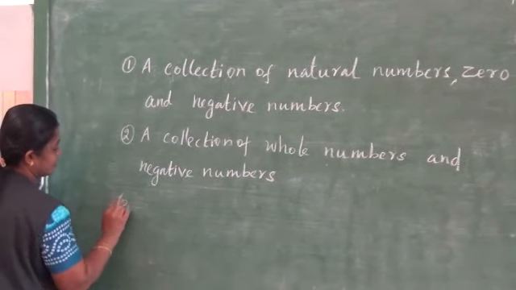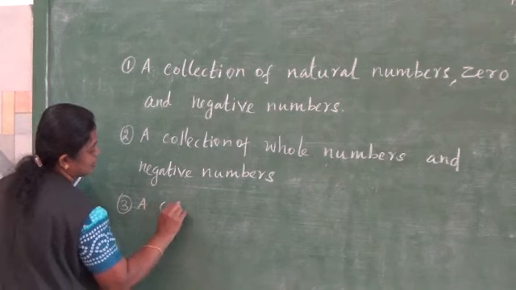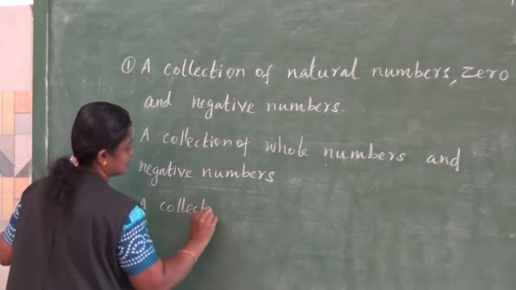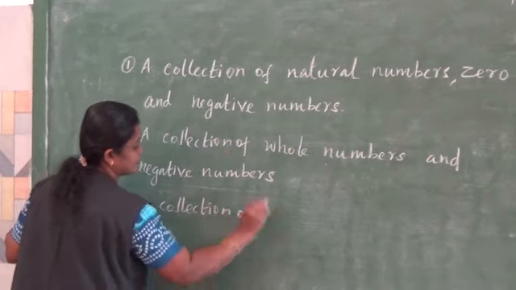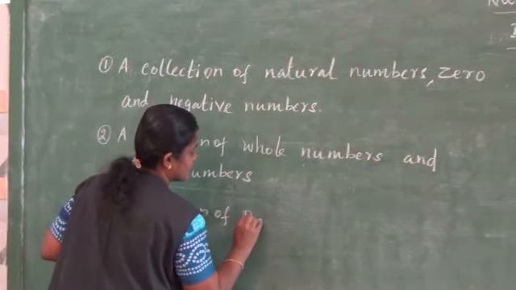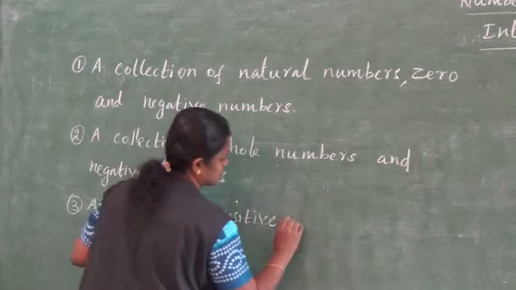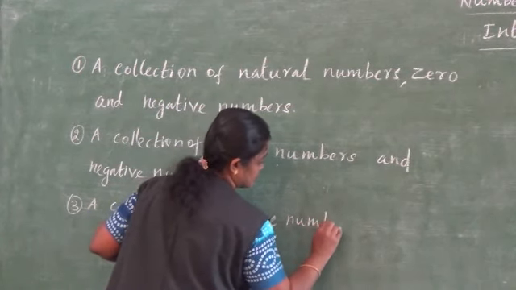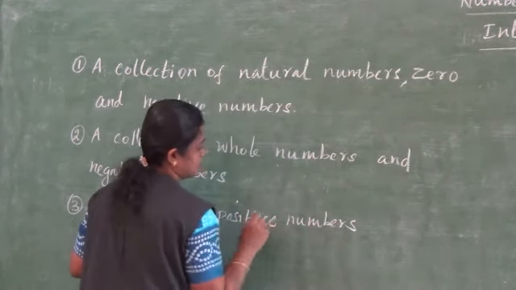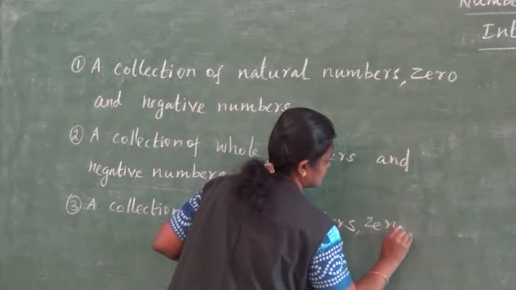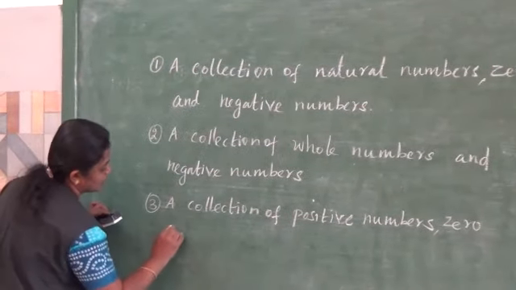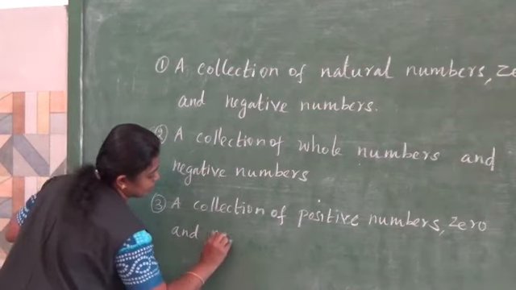And third way we can say a collection of positive numbers, zero and negative numbers.